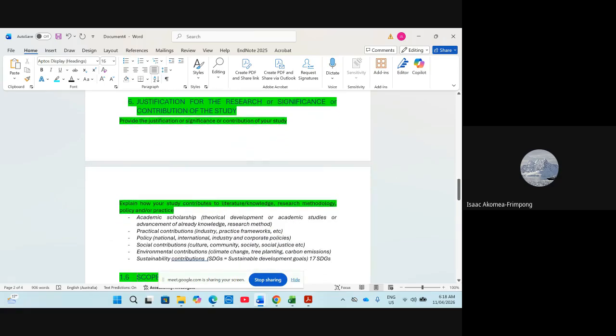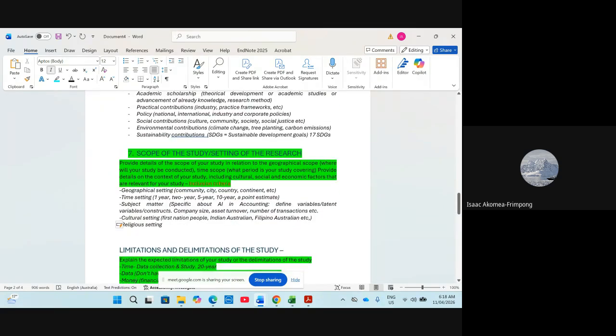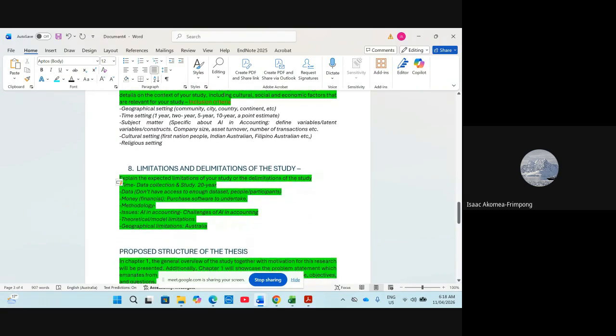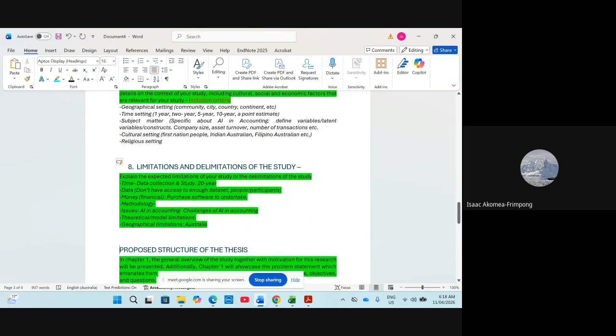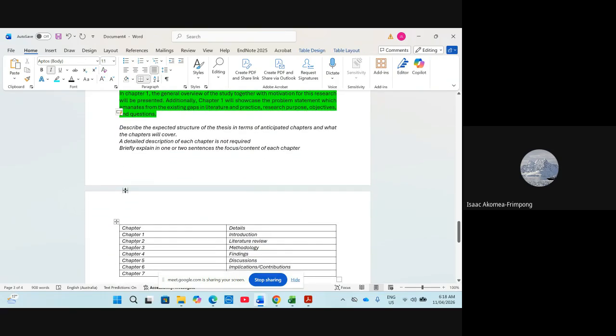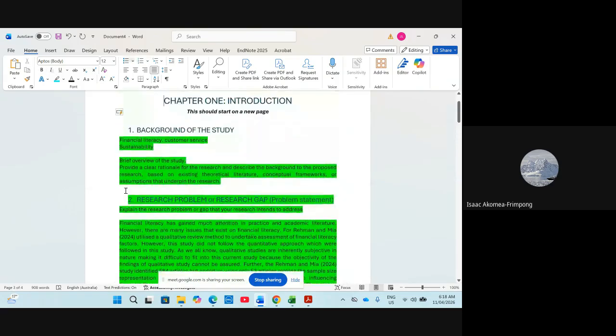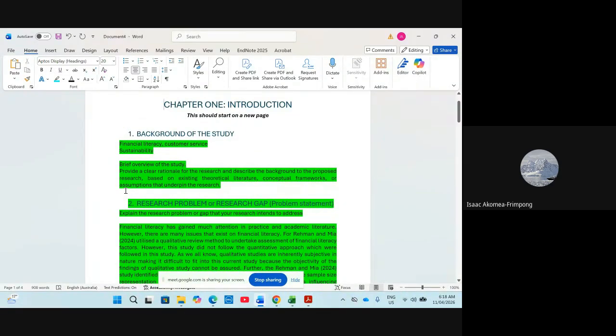Justification of the research, the scope, limitations and delimitations, and then probably the proposed structure of the study. So this is the normal introduction, chapter 1 of thesis, right?